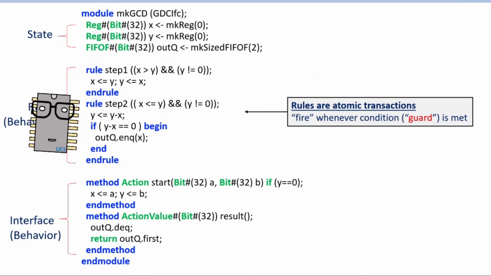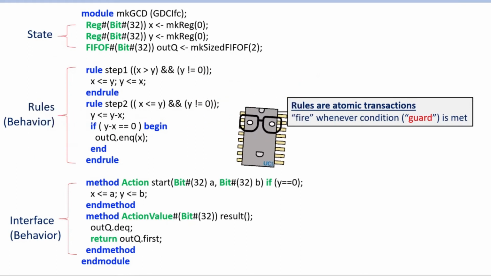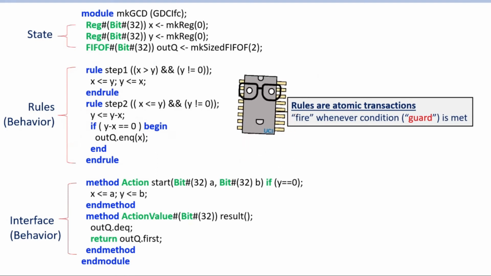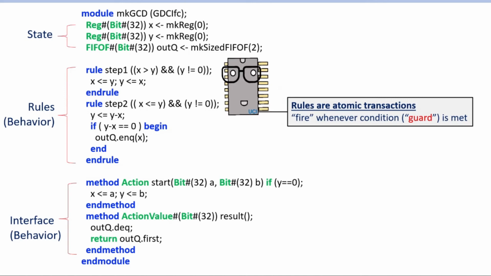Rules are atomic transactions, and they fire whenever a condition is met, and the condition is called a guard. This is, I think, the biggest and most important new lingo.